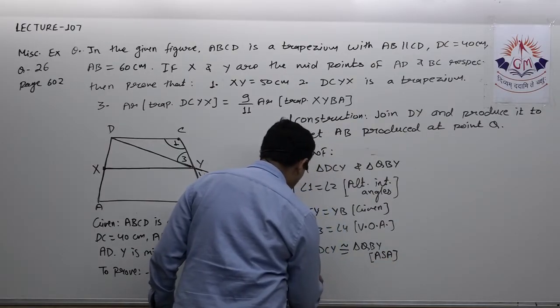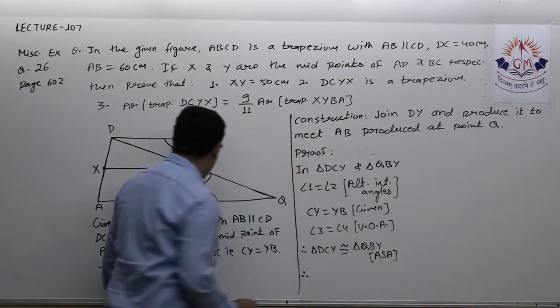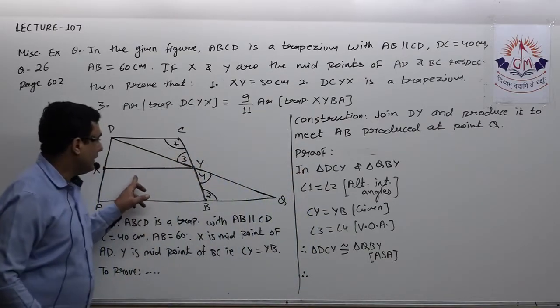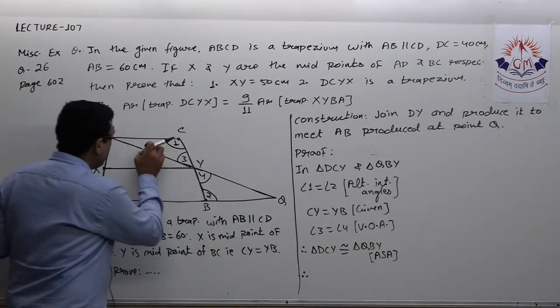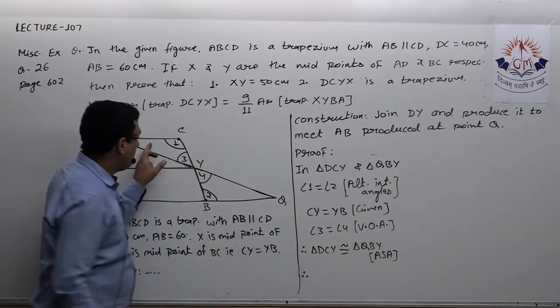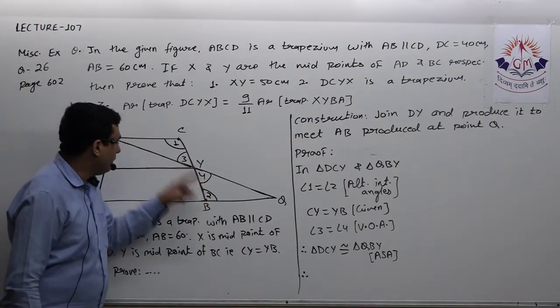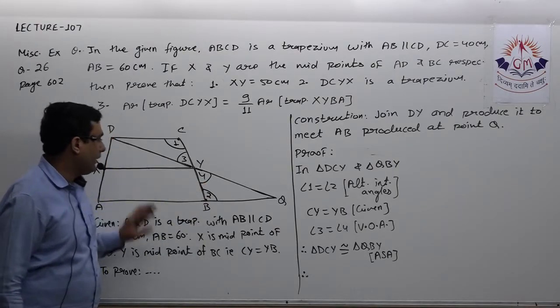And as these two triangles are congruent, there are two things which I need. The very first thing is DY equal to YQ, and another thing is DC equal to BQ. DC equal to BQ gives me the length of XY.